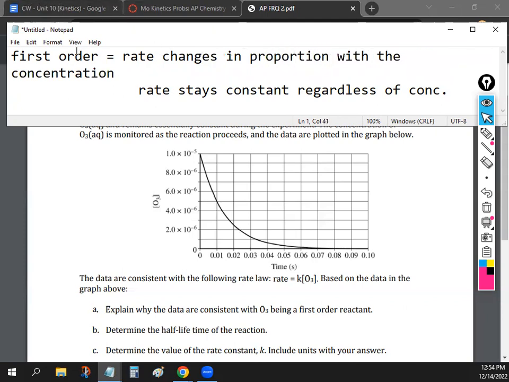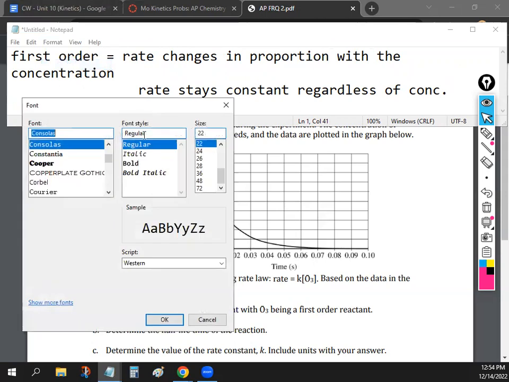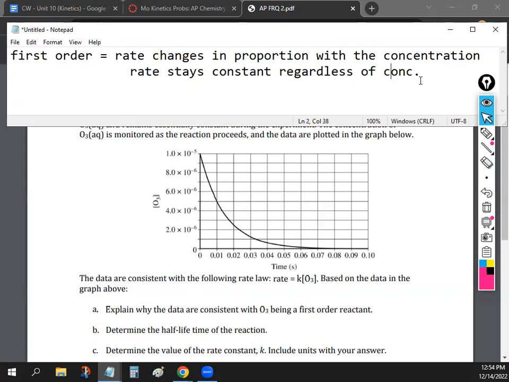Sorry, maybe that's a better way to write it. Okay, first order is where it changes in proportion with the concentration. Sorry, is that more clear? Yeah. So for example, you 2x the concentration, that's going to equal 2x the rate, etc., etc. So that's what a first order reactant is.